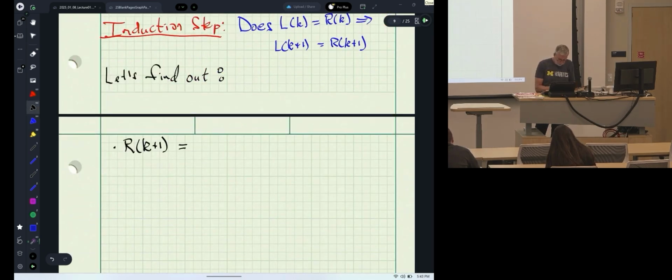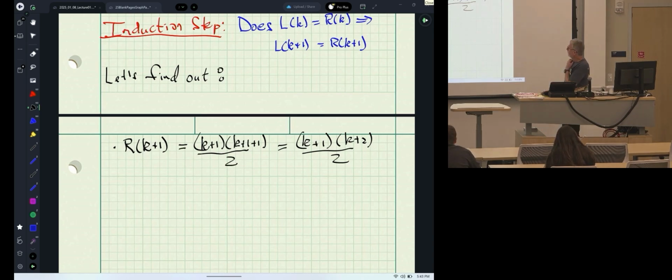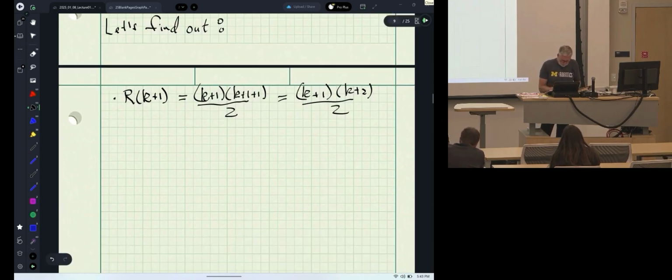So this is equal to k plus 1 times k plus 1 plus 1 over 2, and that's k plus 1 times k plus 2 over 2. Checking that, that's just algebra. Everybody's good with the algebra? Thumbs up, we can do that much algebra.